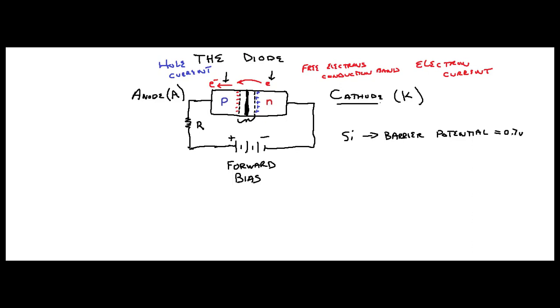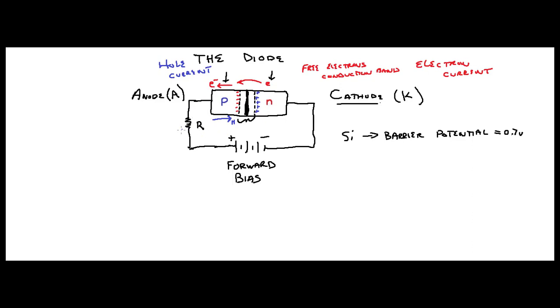What's going to happen to your holes? Where are they going to go? Remember, you're in the valence band. This is hole current, and your holes are going to go in the opposite direction of your electrons. They're going to go this way. I'm going to denote that as an H. Okay? Then when the electron gets over here, this is a metal connector. And once it does that, the electron can simply flow to your battery.